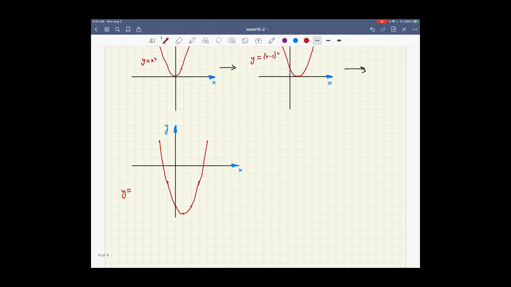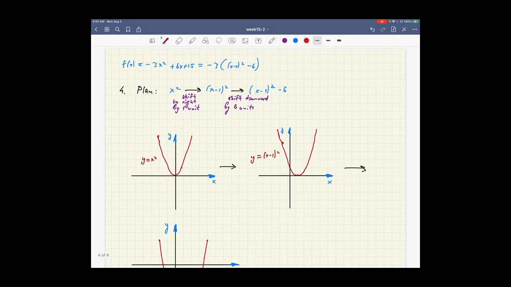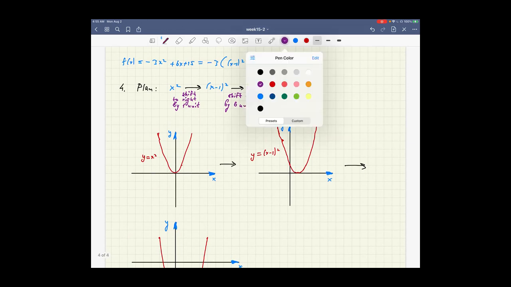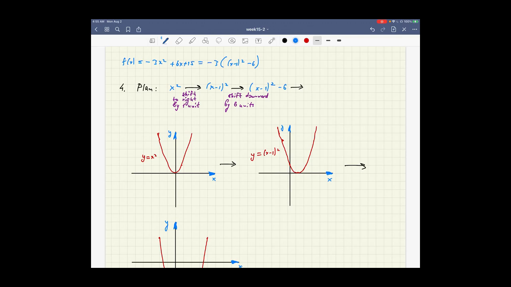Y equals x minus 1 squared minus 6. Next transformation is, let's multiply by 3 to get 3 times x minus 1 squared minus 6.